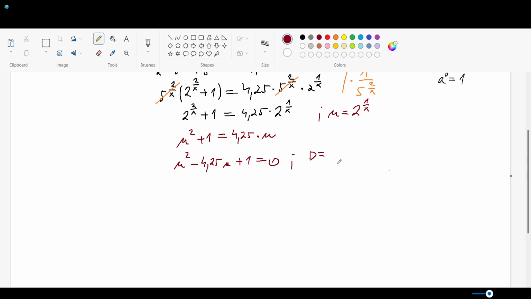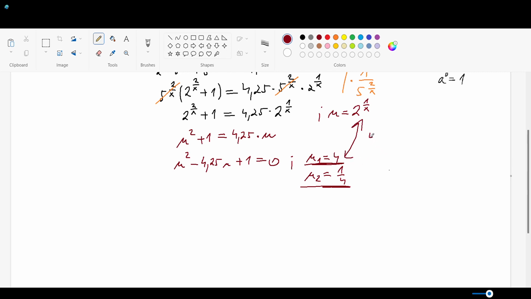You can simply use the calculator, because not nice numbers will occur there, but at the very end, if you do the calculation, which I'm not going to do right now, you will come to the result that u1 is equal to 4 and u2 is equal to 1 over 4.